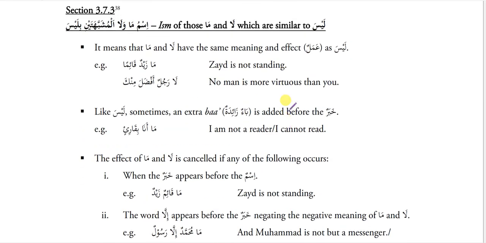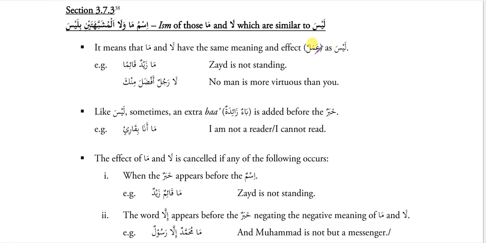Then we have ismu ma wa la al-mushabbahatayni. It's very easy actually. See, there is a word ma and a la. It's very similar to inna and kana. Both inna and kana come before mubtada and khabar, and they change the i'rab of mubtada and khabar and also its name. The same thing happens with ma and la also.